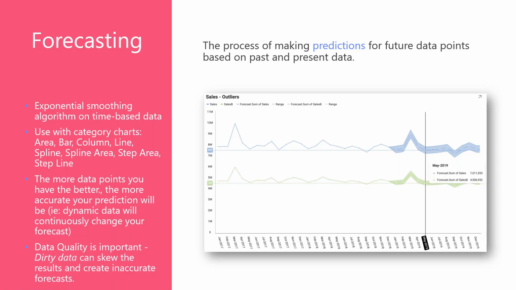The more data you have, obviously, the more accurate the forecast. The big bullet here on the bottom is that data quality matters in cases like this, because if your data is bad, and in fact at Infragistics, we have some unique scenarios with our customers.